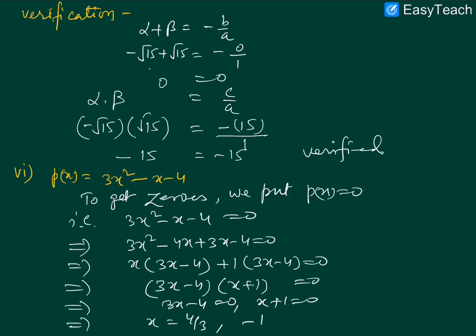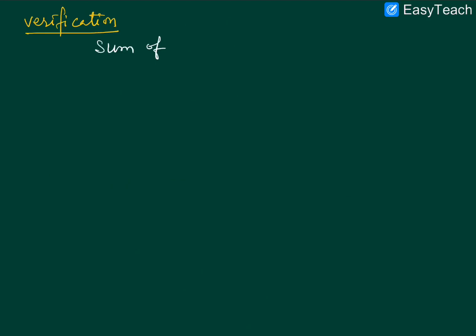इसी तरीके से 6 पार्ट में दी हुई पॉलिनोमियल 3x स्क्वायर माइनस x माइनस 4 के जीरोज बाय द मेथड ऑफ स्प्लिटिंग द मिडिल टर्म से 4 by 3 और -1 निकलते हैं। अब इसके वेरिफिकेशन पार्ट पर आते हैं। Sum of the zeros is equal to minus b by a.